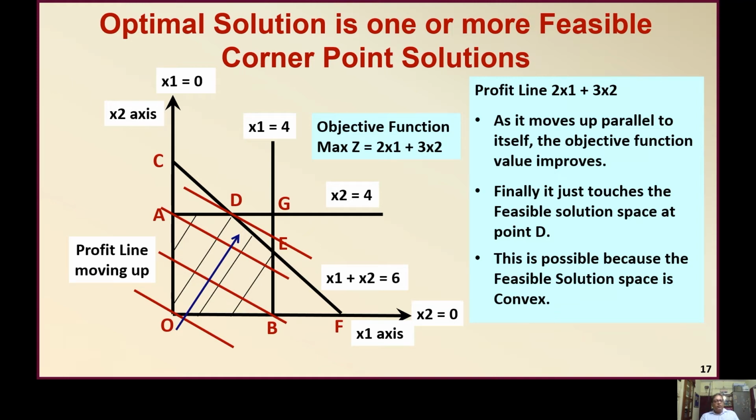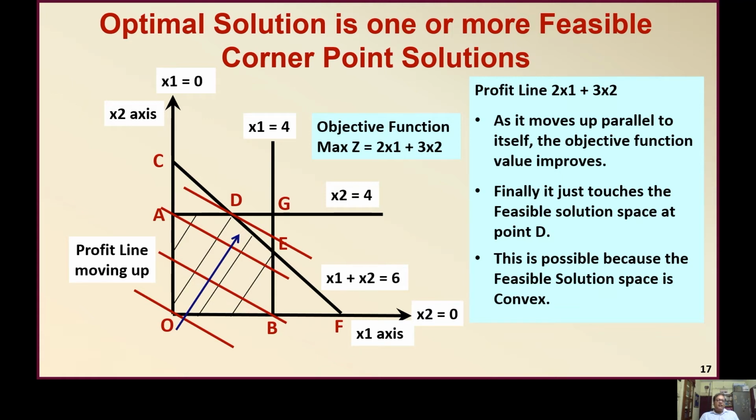So sometimes we can get more than one corner point as the optimal solution, particularly when the profit line is parallel to one of the bounding constraint lines. So that also could be happening in certain situations. Nevertheless, the important thing to note here is that the linear programming problem has a very special property.